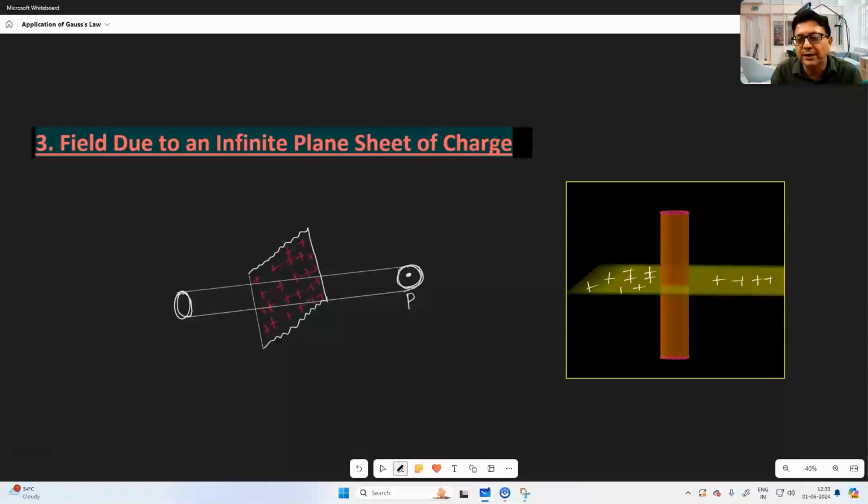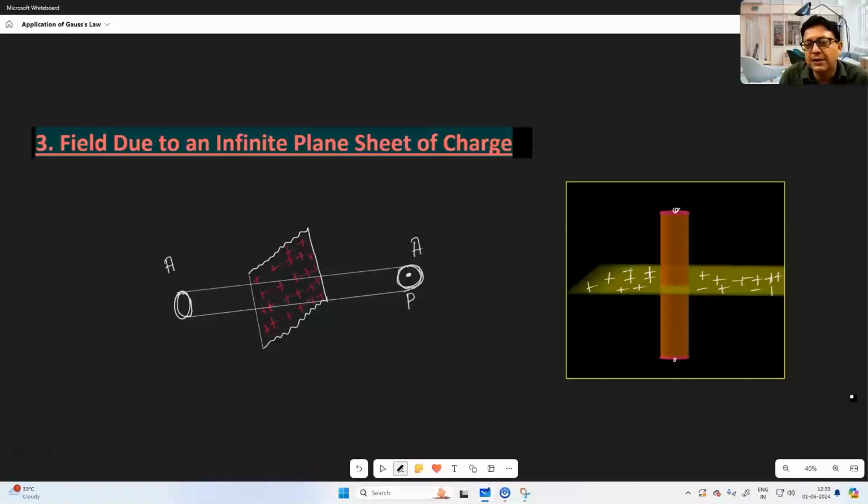We want to find the strength of electric field at this point, or at this point, whatever. The same concept I am going to explain here. And let the area of cross section of the cylinder be equal to A.